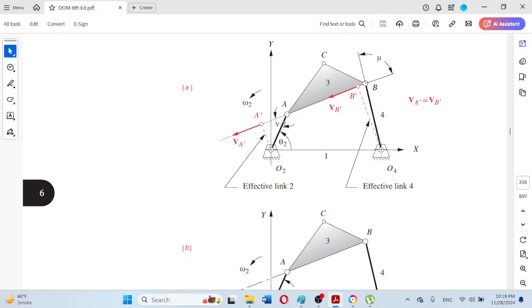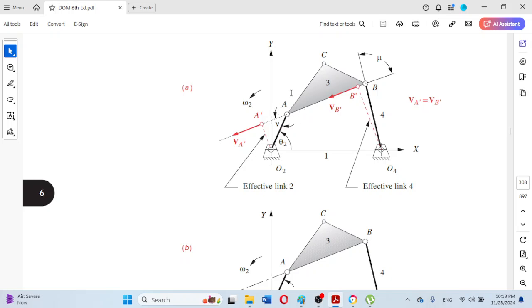The angle which is considered is less than 90 degrees, and that is denoted by the letter V. If the angle between the fabricated coupler link and the fabricated or physical input link is greater than 90 degrees, then we simply subtract that angle from 180 degrees.